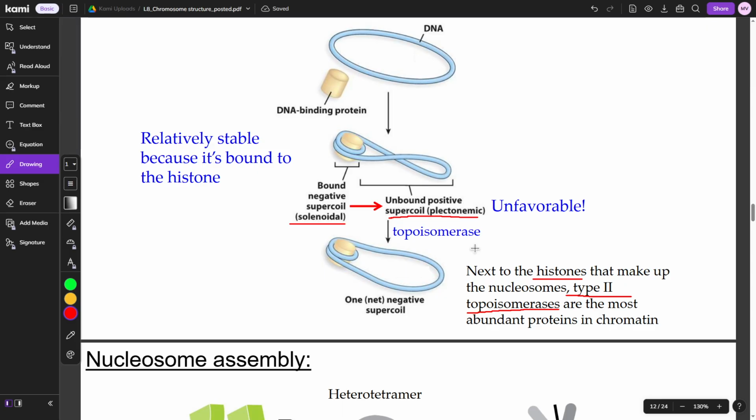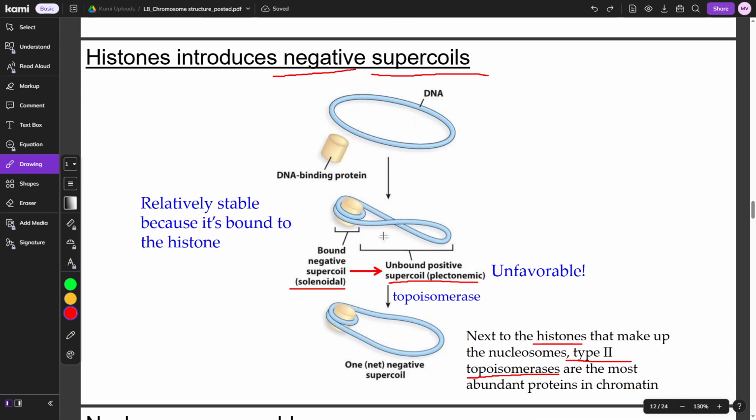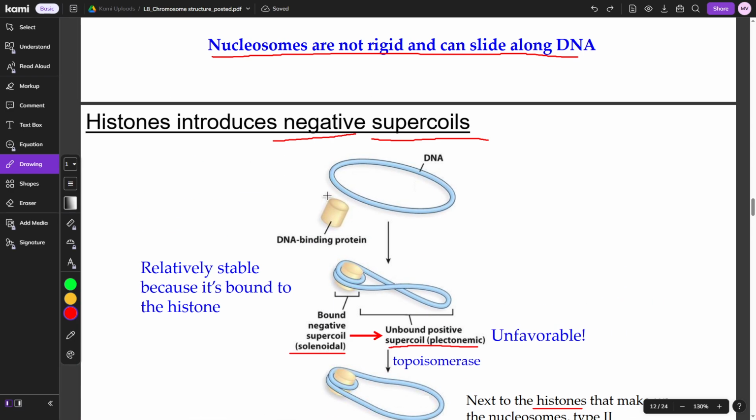That just means there's a lot of this going on, because you're trying to bind so much of your DNA to your histones, you end up forming a lot of these positive supercoils that make it unfavorable, and so you need a lot of topoisomerases to make sure it remains stable. And the binding of the DNA to the histone is very stable because the histone is positively charged and the DNA is negatively charged, so there's a charge-charge interaction that allows it to bind happily.